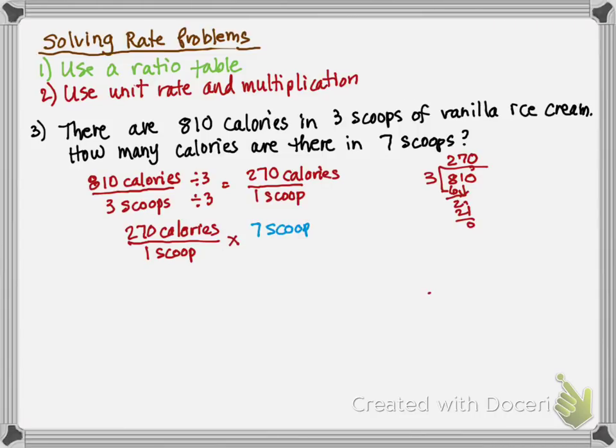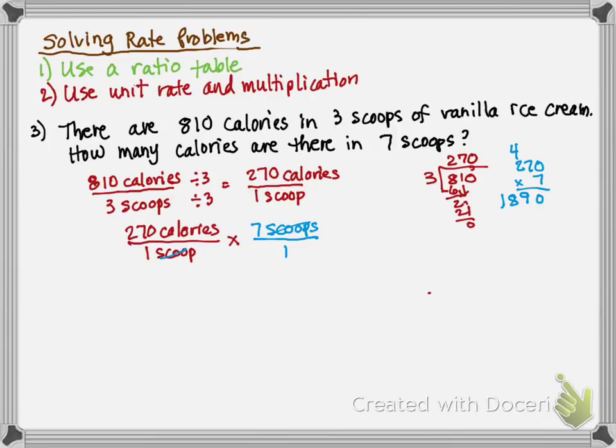So I multiplied because what I want is to get rid of the word scoops and get the answer just in calories. So off to the side, I'm going to go ahead and multiply 270 by 7. So I get, sorry, I'm jumping the gun there. I get 0, I get 49, I get 14, and 4 is 18.